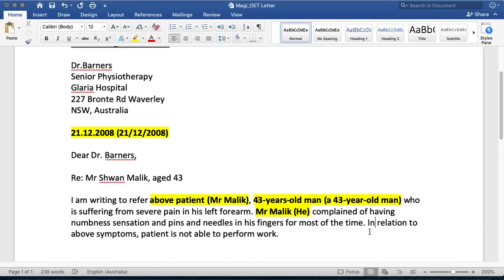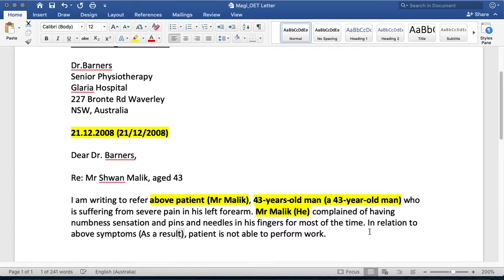Let's go to the next one. In relation to above symptoms, patient is not able to perform work. As I already mentioned, it's not good to use patient, and on top of that she has committed another mistake in the first part of this sentence. She must have mentioned, say, as a result.